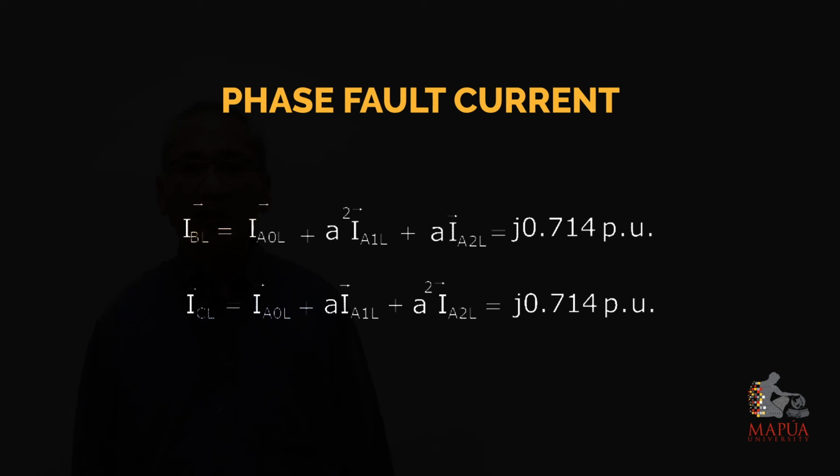That gives us j0.714 per unit. IcL is equal to Ia0L plus a Ia1L plus a squared Ia2L, and that gives us j0.714 per unit. So that ends our Module 12. See you in the next module.